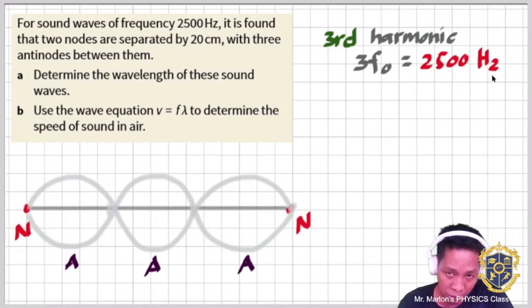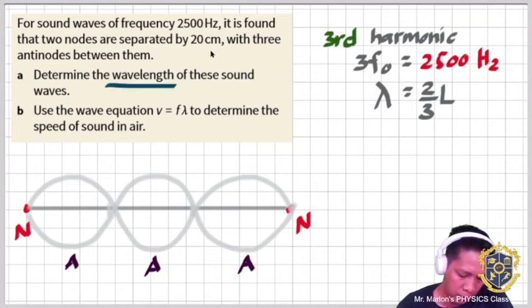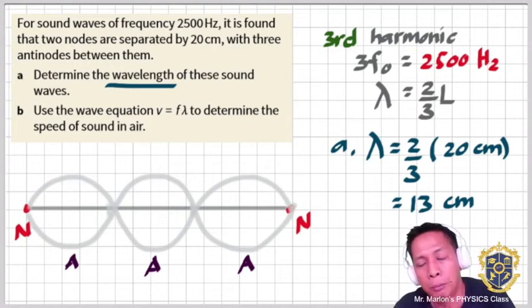You know that if it's a third harmonic, the wavelength can be calculated using 2/3 of the length. Our length is 20 centimeters, so it's very easy to calculate the wavelength for the first question, A. It's just 2/3 of 20 centimeters, which is going to be 13 centimeters, expressed in the proper number of significant figures.